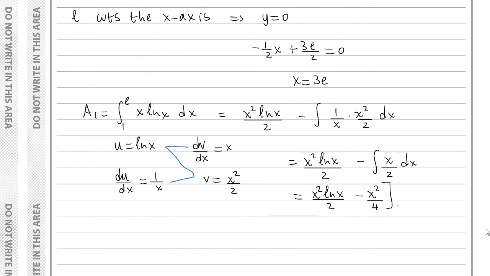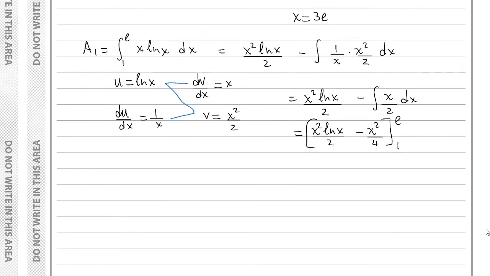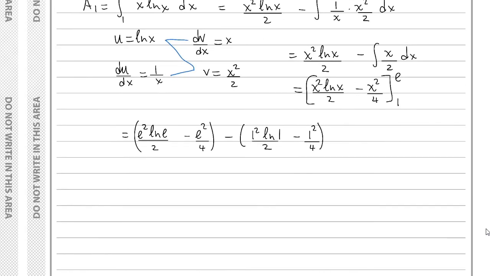Now we'll put the limits of 1 and e. So plugging in the upper limit, it's going to be e squared ln e over 2 minus e squared over 4. And if I plug in the lower limit, it's going to be 1 squared ln 1 over 2 minus 1 squared over 4. Remember, we are looking for exact results here, so I have to be careful. This is giving me e squared over 4 plus 1 over 4.